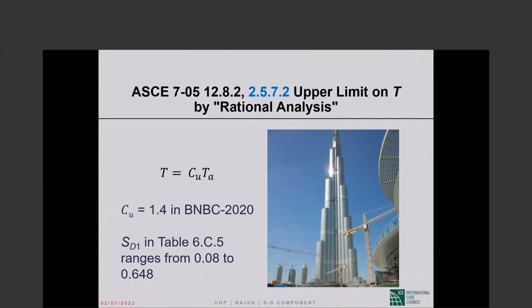Now, rationally computed period. You can calculate period by any rational procedure as long as it is in keeping with the principles of mechanics. All of that is true. But rational period computation depends on your stiffness assumptions.